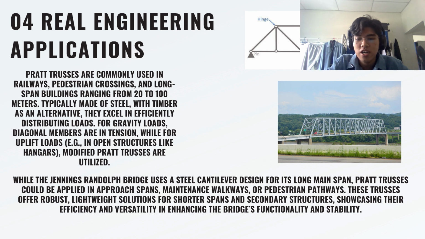While the International Railway Bridge used a steel cantilever design for its long main span, Pratt trusses could be applied in upper spans, maintenance walkways, or pedestrian pathways. These trusses often offer robust, lightweight solutions for shorter spans and secondary structures, showcasing their efficiency and versatility in enhancing the bridge's functionality and stability.